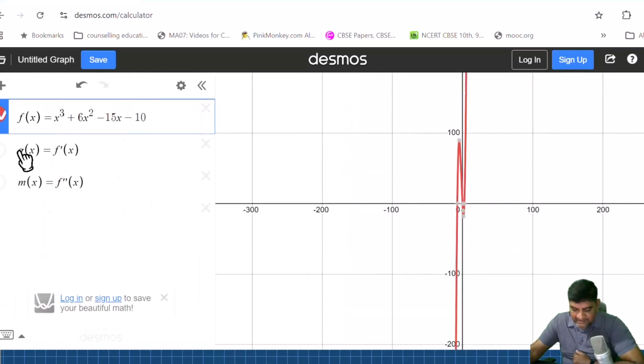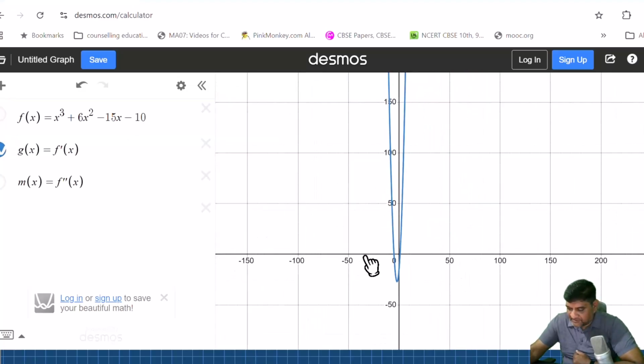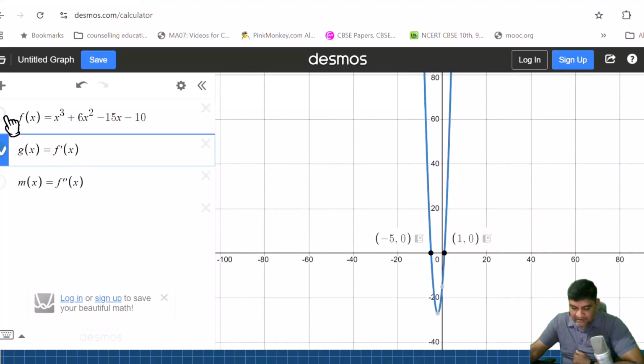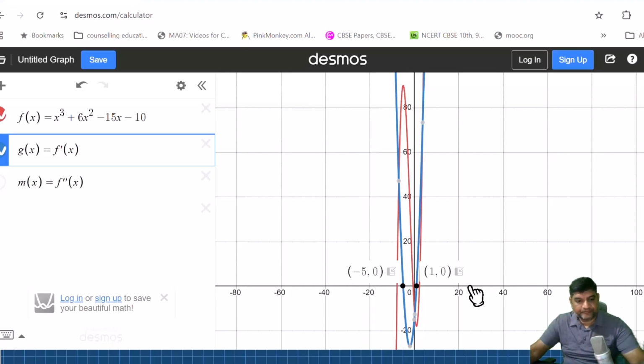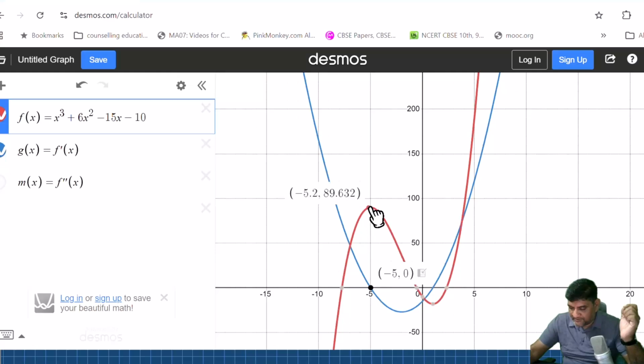We'll quickly look at the differentiated function. This is the differentiated function. You can see that it's -5 and 1. So in comparison, let's look at the actual function itself. You can see that x equal to -5 is here. The differentiated function is 0. Again, at x equal to 1, the differentiated function is 0.